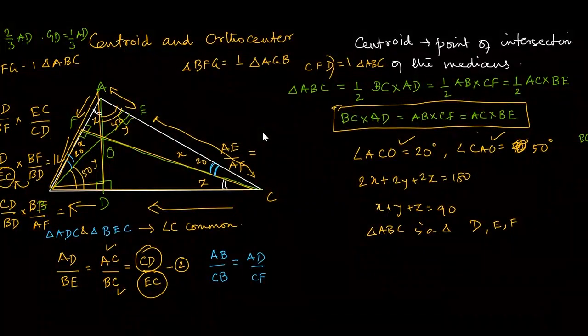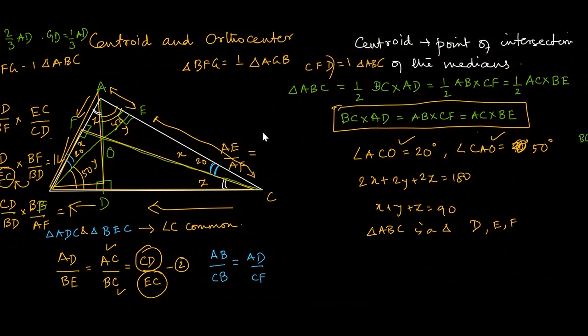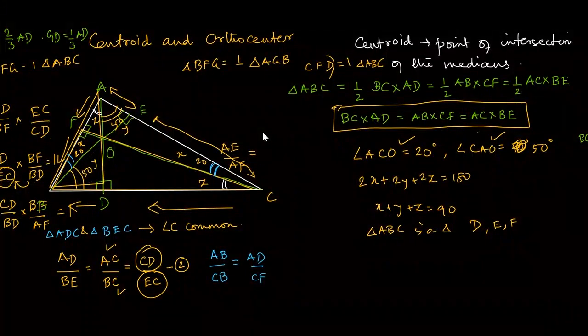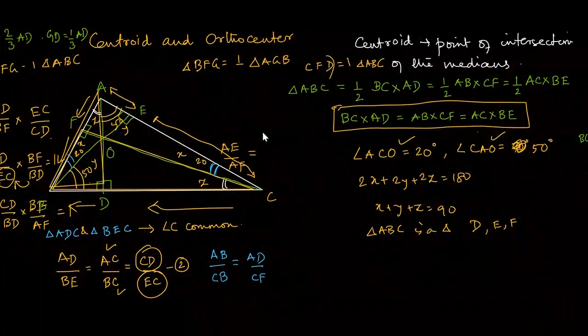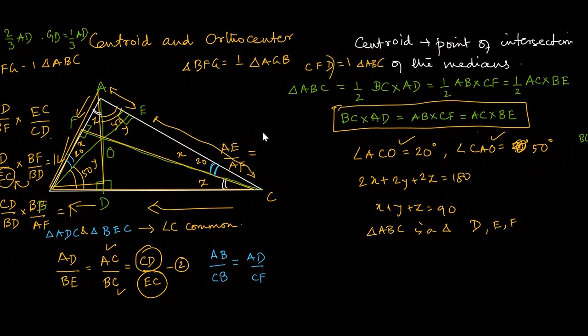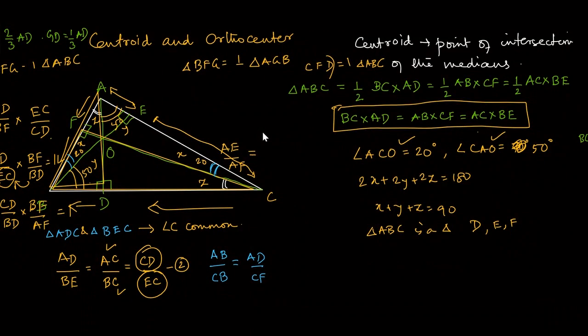What is the condition? Listen to this question carefully. What is the condition which will ensure that the perpendiculars are concurrent, which means that they meet at one single point?